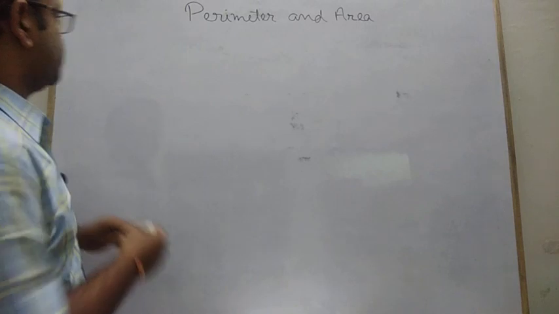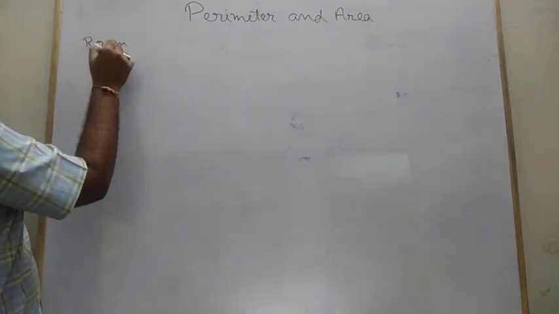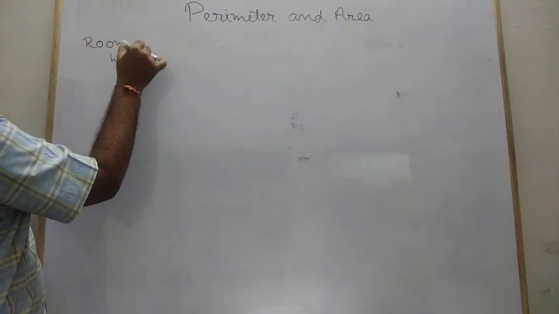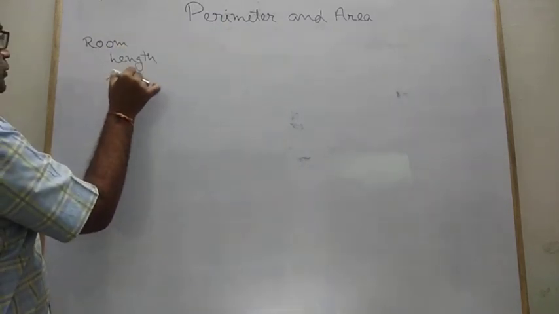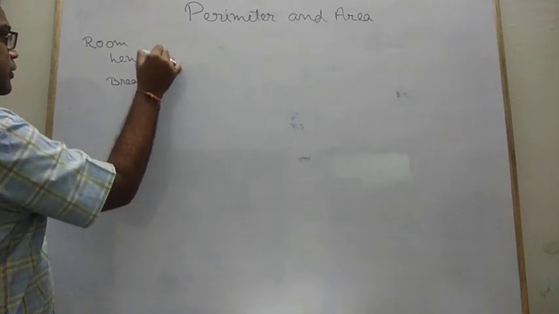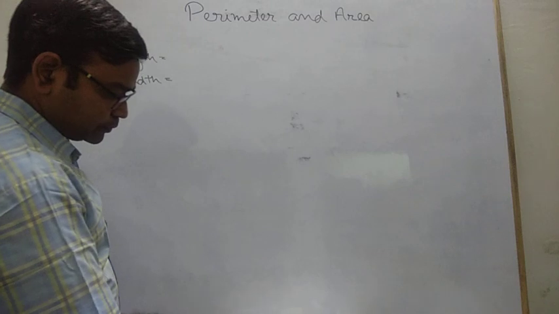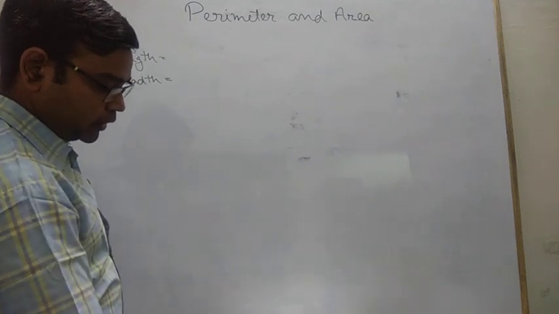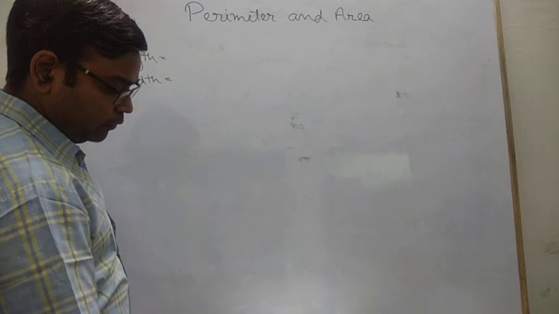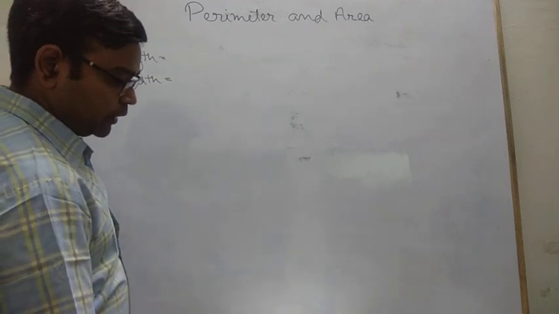So in case of room, length is given to us, and breadth, wide means breadth, is given to us. Clear? Then it says that it is to cover the floor with carpet which is sold in a roll 50 centimeter wide. Find the total length of the carpet required.